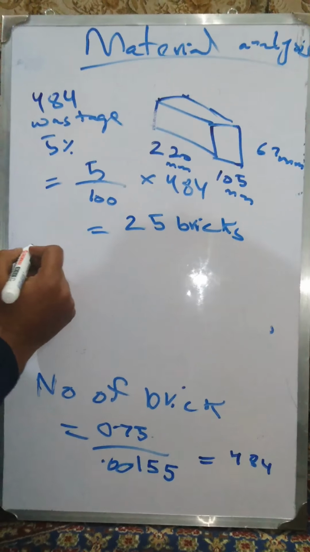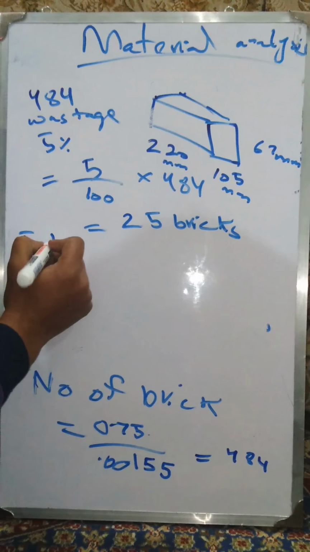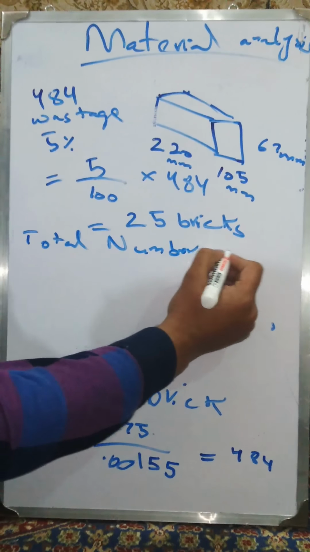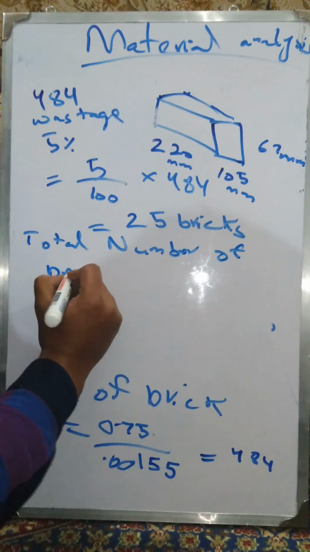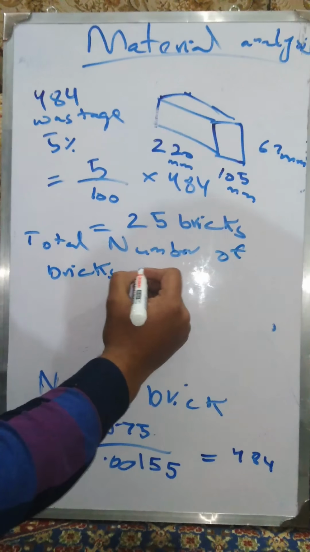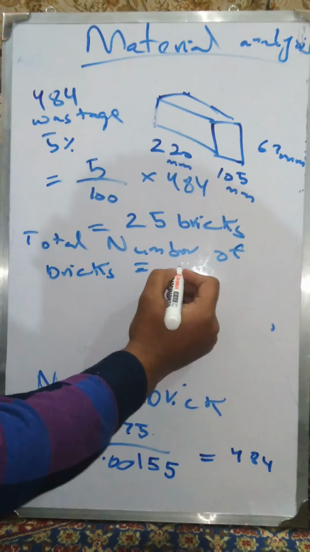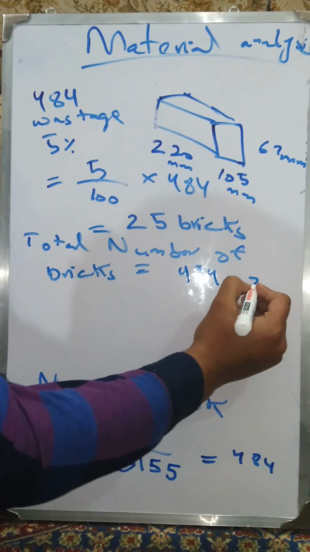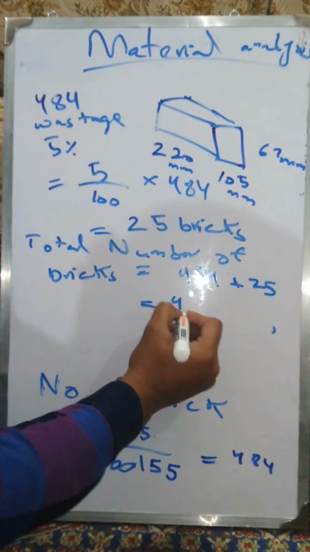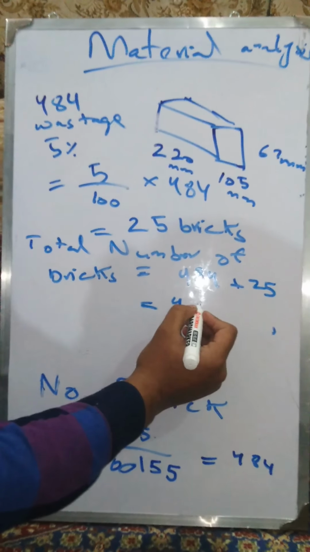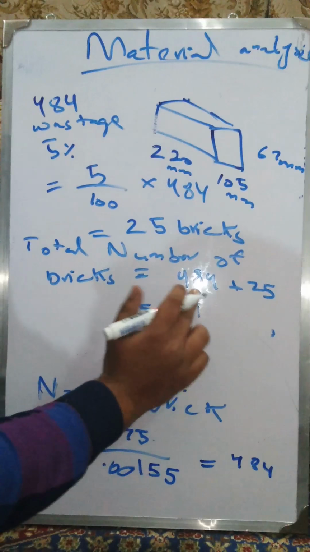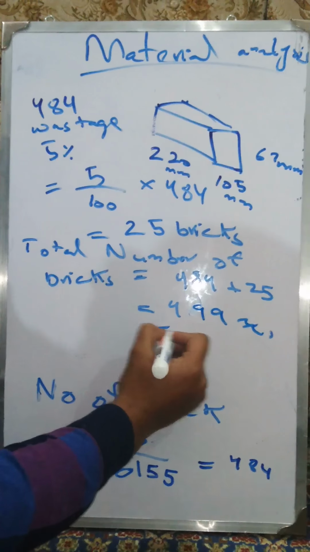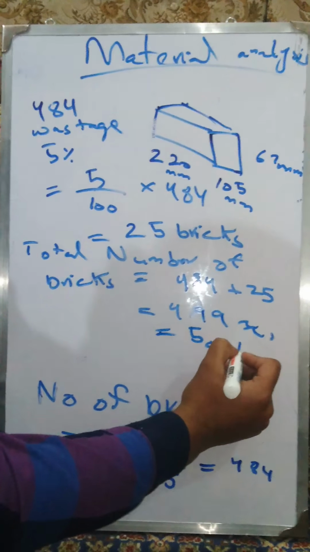So the total number of bricks would be equal to 484 plus 25 bricks, which is equal to 509, almost equal to 500 bricks.